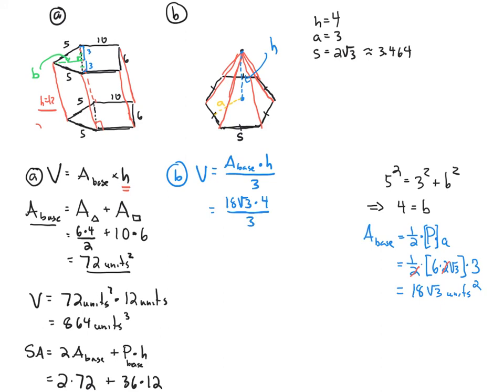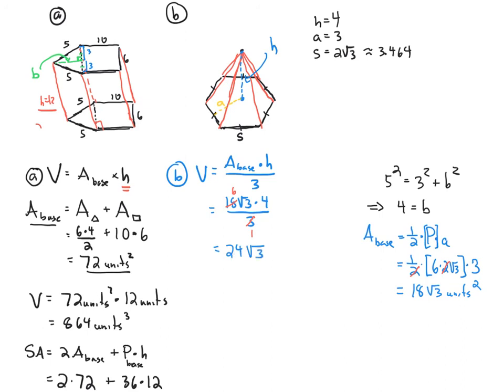So we just need to calculate this. Again, I'm going to save myself a little bit of trouble by canceling off anything I can. I see a common factor of 3 in the numerator and denominator. 18 divided by 3 is 6. 3 divided by 3 is 1. So that simplifies things really nicely. I'm left with a 6 times 4, so that's 24 times root 3 over 1.